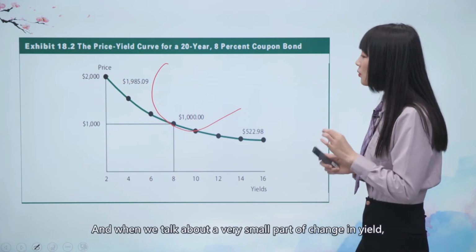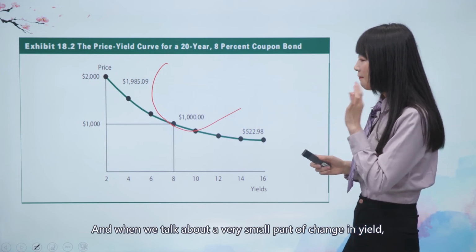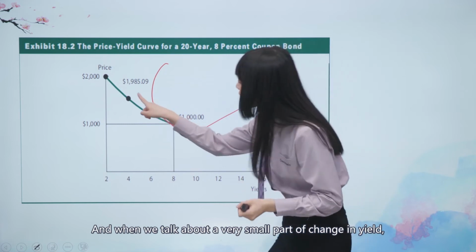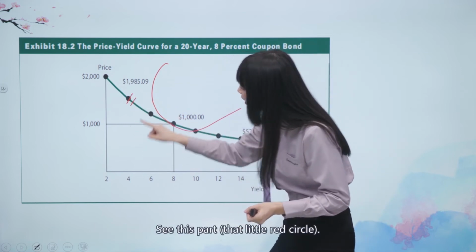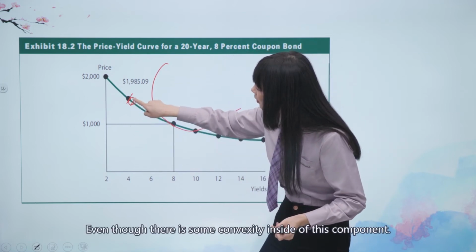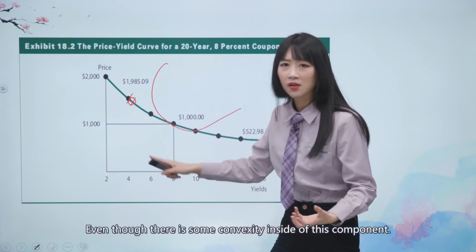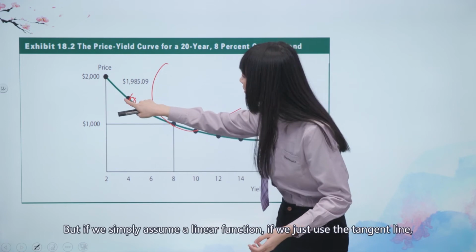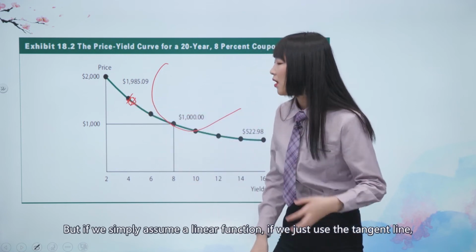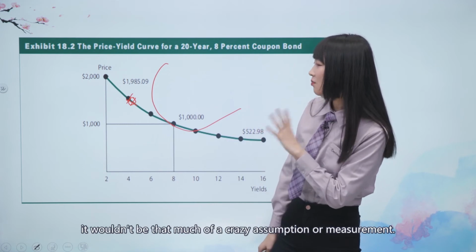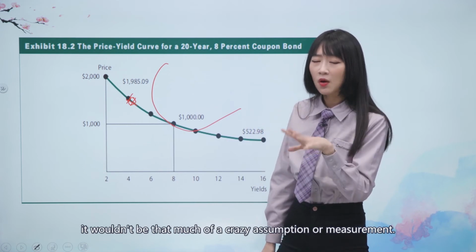When we talk about a very small part of change in yield, see this part, even though there is some convexity inside, if we simply assume a linear function and use the tangent line, it wouldn't be such a crazy assumption or measurement.